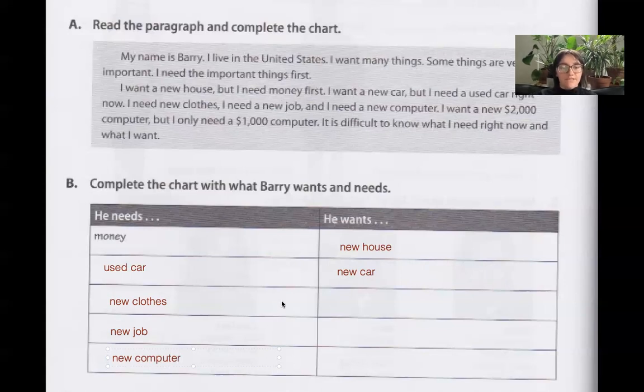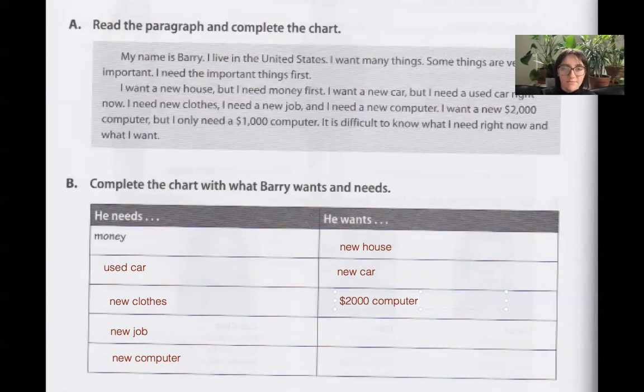Okay, next one. What he wants, right? So he was saying that he needs a new job, he needs new clothes, he needs a new computer. He wants a $2,000 computer, but he only needs a $1,000 computer, right?